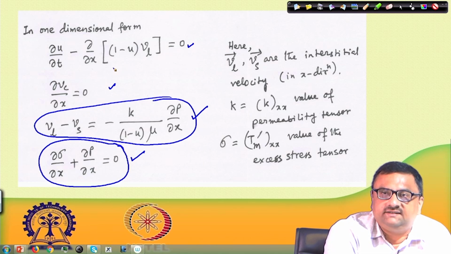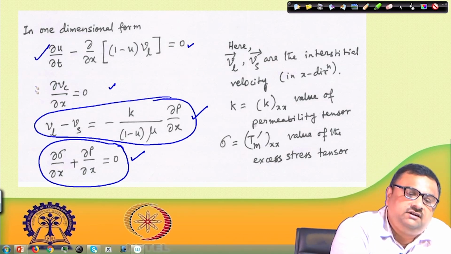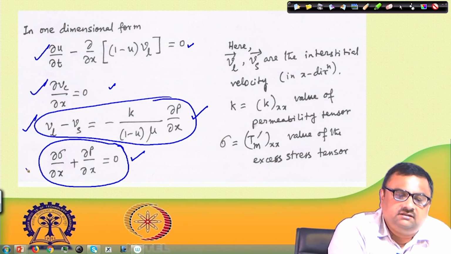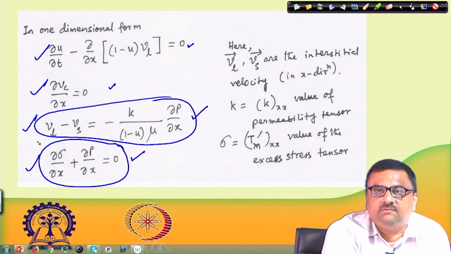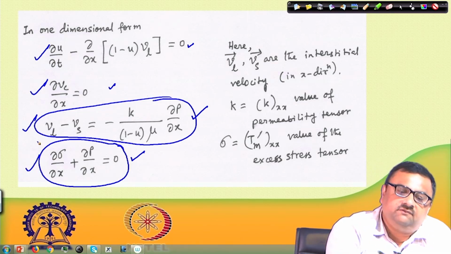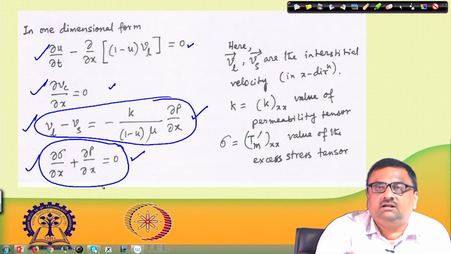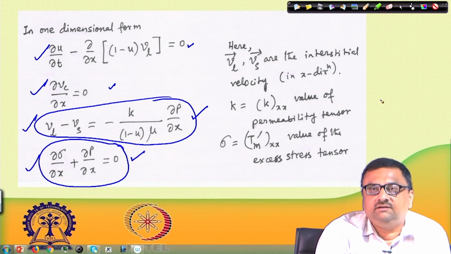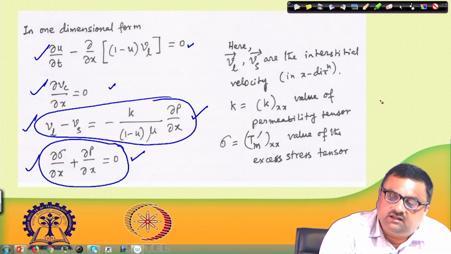One and the same thing. So, these are the four equations, the four pillars in this deformable porous medium, and these four equations need to be recognized and solved simultaneously.